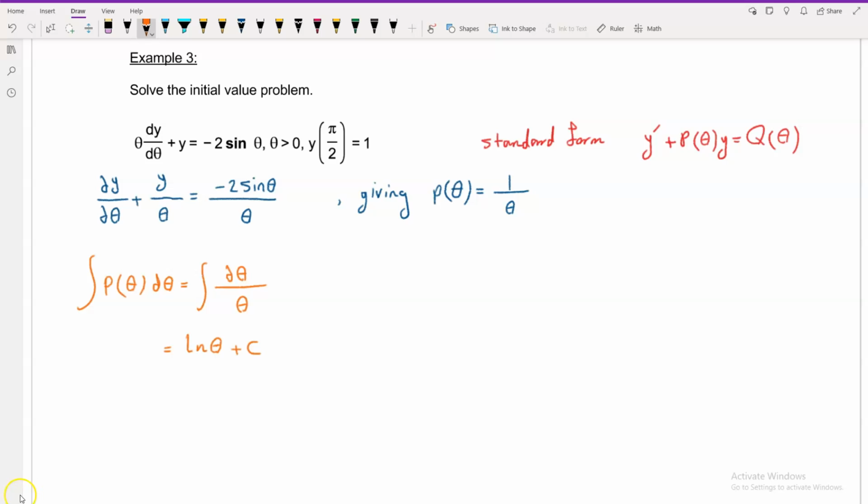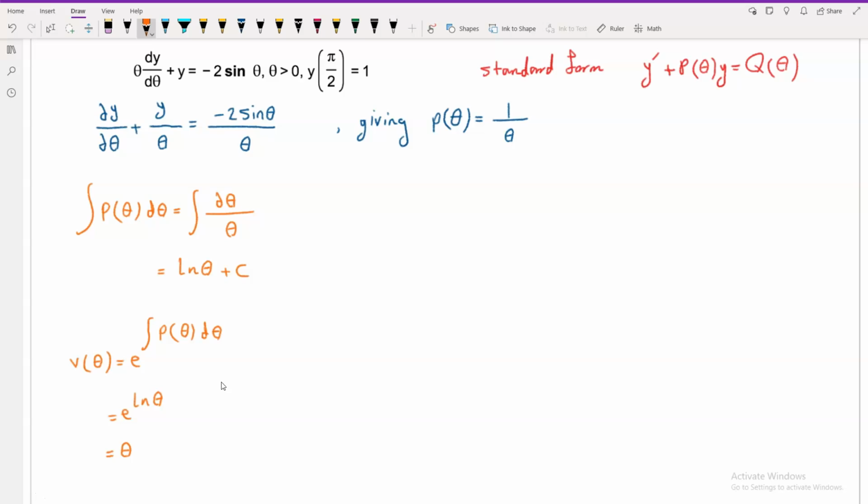So v(theta) is equal to e to the integral of p(theta) d theta, which is e to the ln theta, and this part cancels, so v(theta) is equal to theta.